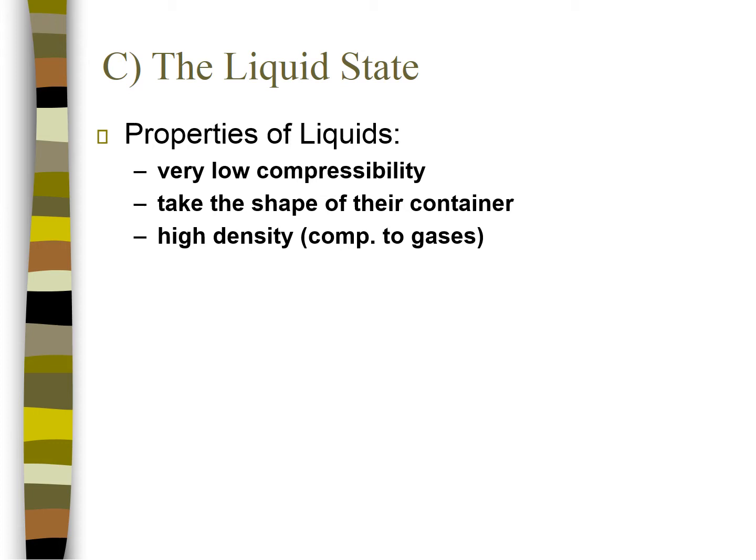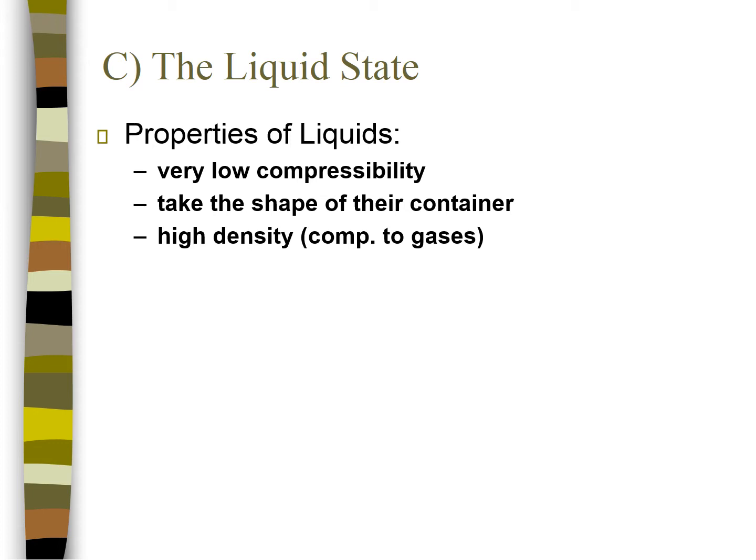Just to compare, if you calculate the density of a gas at STP, you're going to find that the density is 1, 2, 3 grams per liter. But if you calculate the density of a liquid, you're going to find its density to be in the hundreds or thousands of grams per liter. So liquids are much, much more dense.